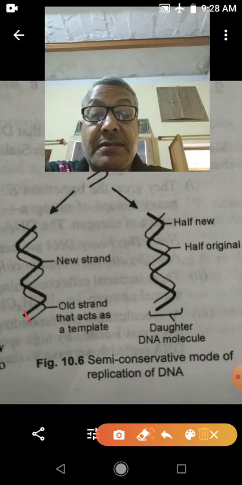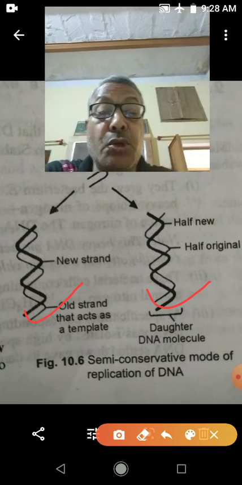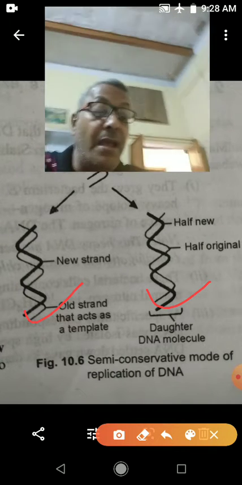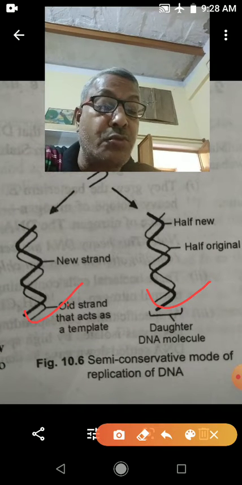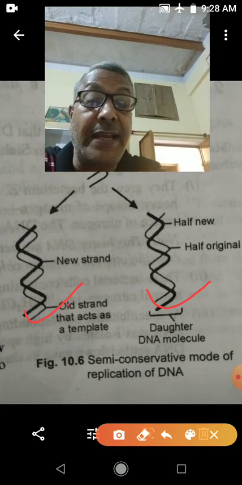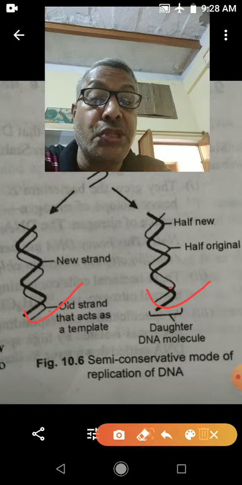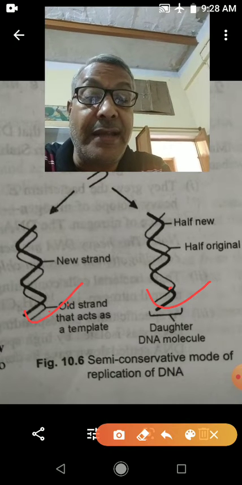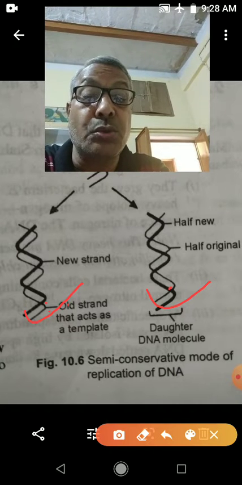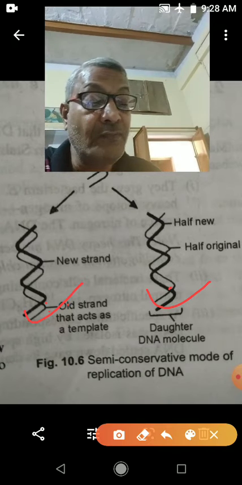These two are the two new molecules, and these two new molecules which are formed are identical to each other and identical to their parent also.